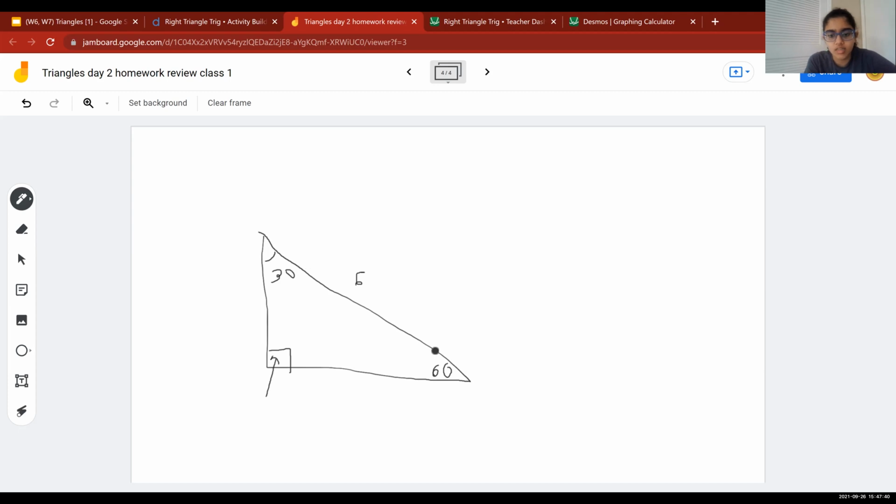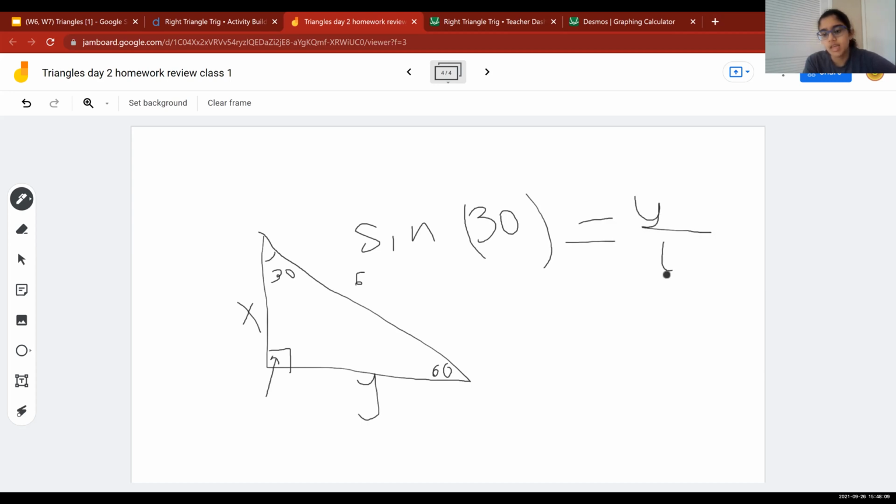So let's take this 30-degree angle, and say we're trying to find both these sides. I'm just going to label these X and Y. So sine of 30 degrees is equal to opposite over hypotenuse, which is y over 6.